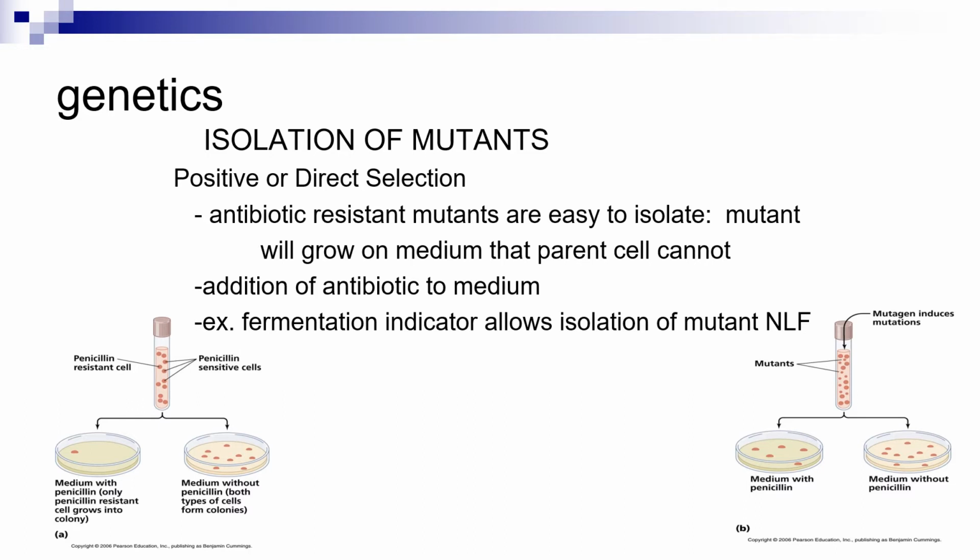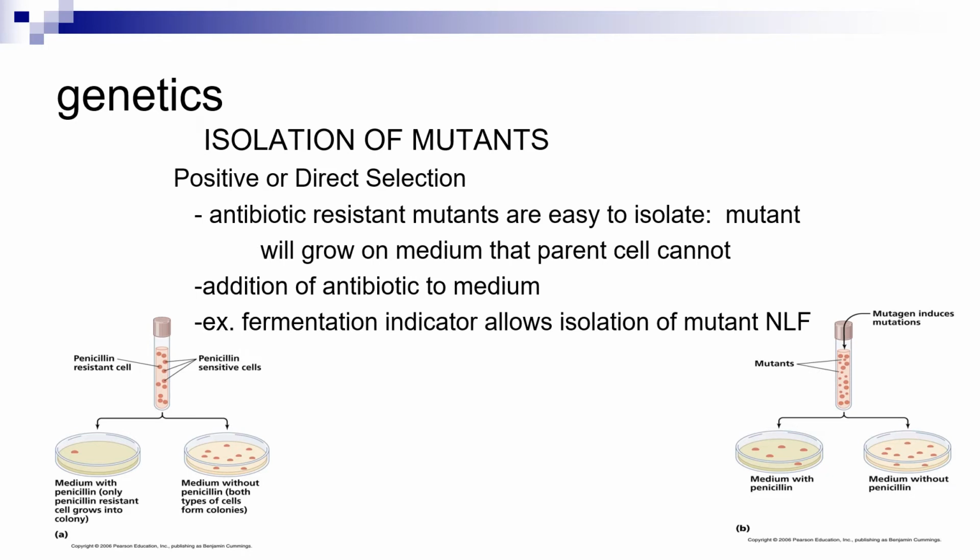When we're dealing with antibiotic resistance, what we can do is add that particular antibiotic to a medium. And if our organism is the wild type, and doesn't have that mutation that allows it to be resistant, it can't grow.